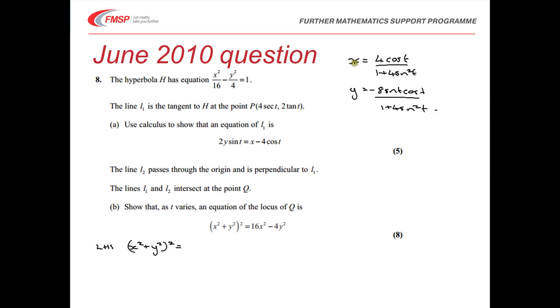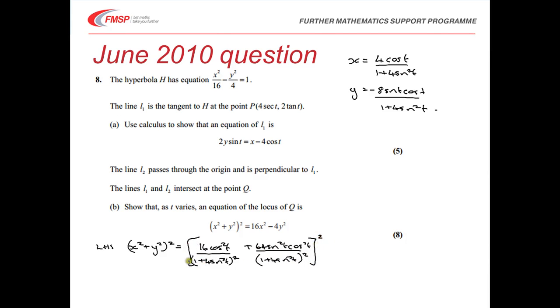I need to square this, which is 16 cos squared t over 1 plus 4 sine squared t, squared. I need to square this. That's going to be 64 sine squared t cos squared t, again over 1 plus 4 sine squared t, squared, and then it's also the square of that.